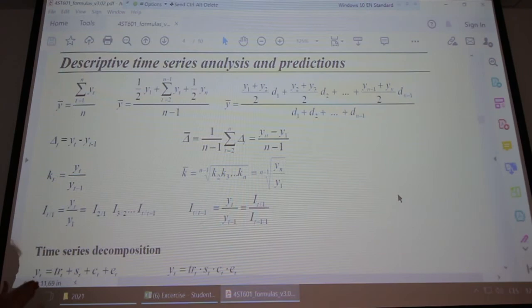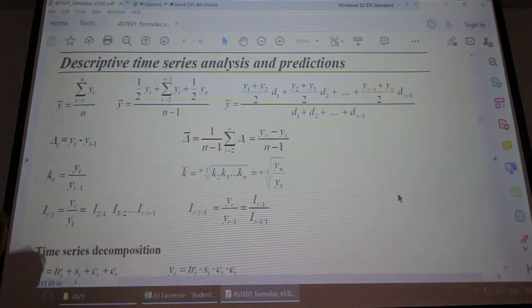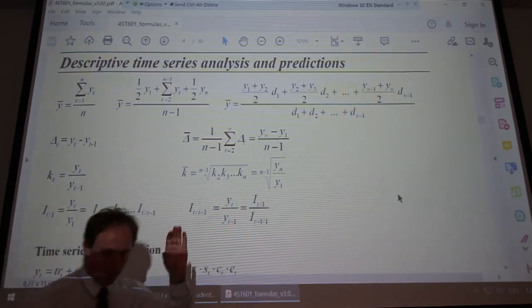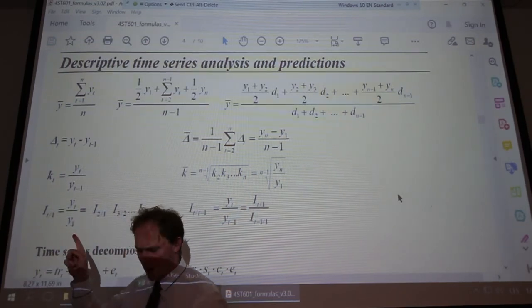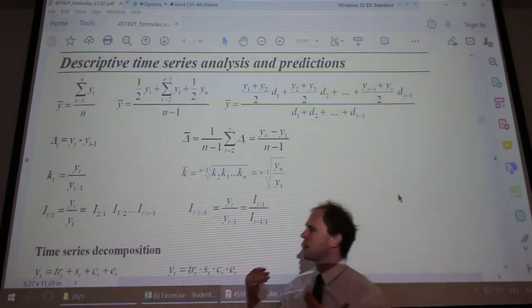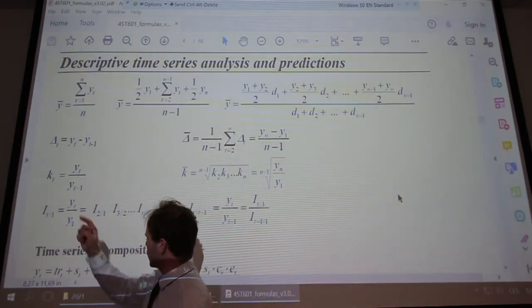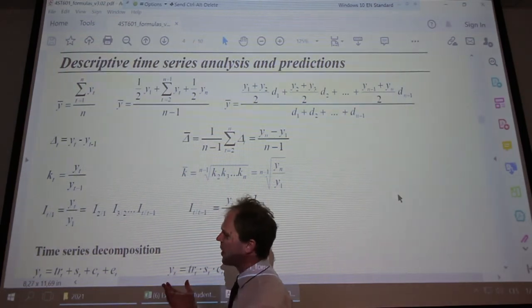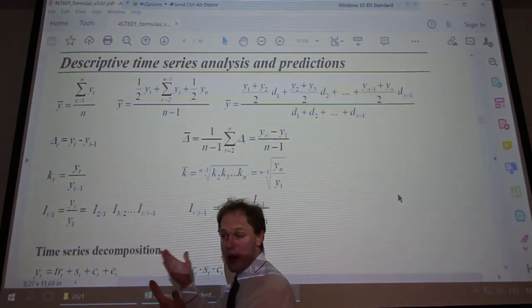Simple base index is calculated like value y in time t divided by a fixed value. That is written y1, because in these formulas Mr. Hellman expected that the first observation, as in our data set, will be the base.